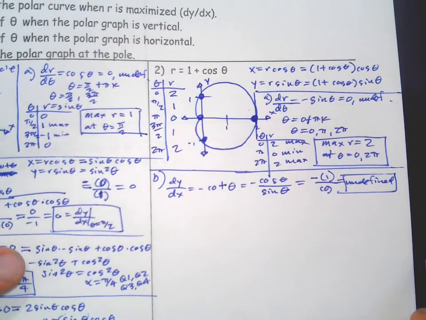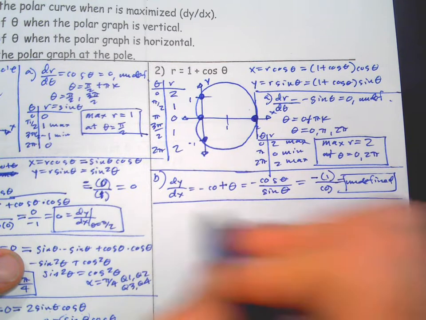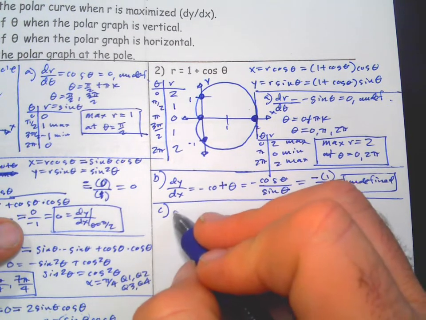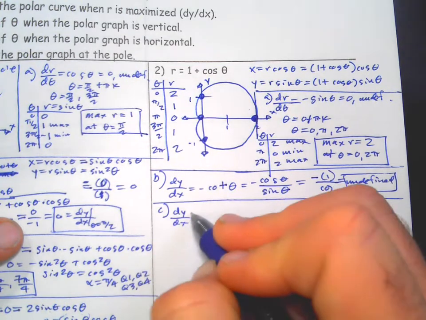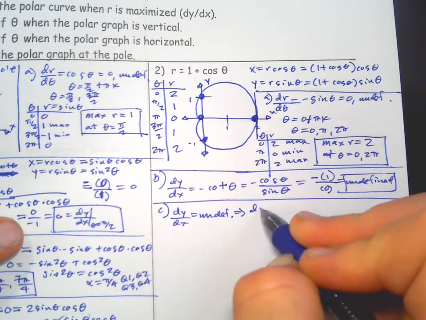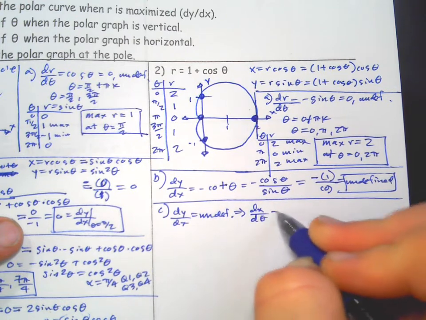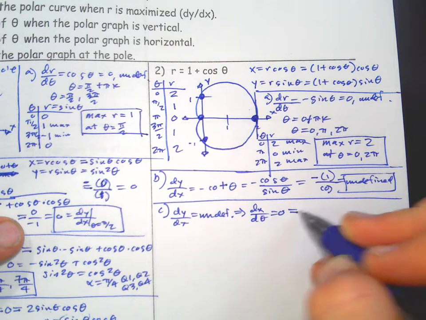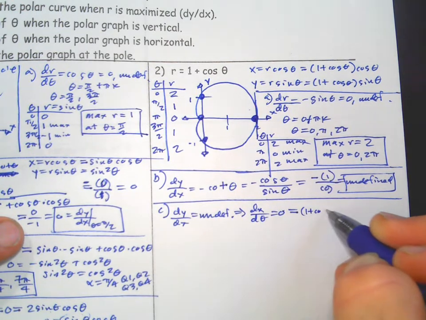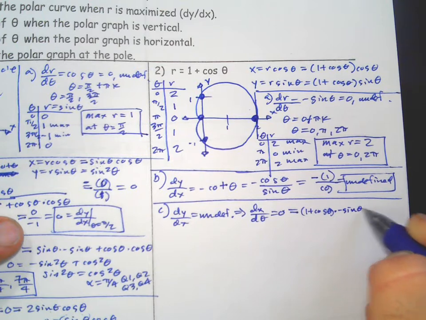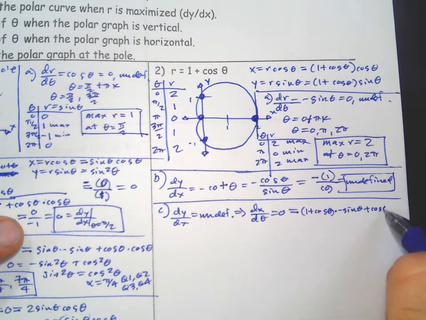Yes, it does. Okay. C, the values where the slope on the graph is vertical, so that's going to be when dy dx is undefined, which is when dx d theta equals 0. And so dx d theta is going to be 1 plus cosine theta times negative sine theta plus cosine theta times negative sine theta.